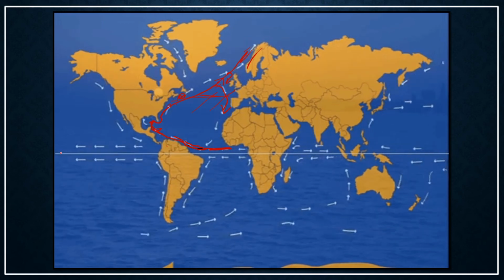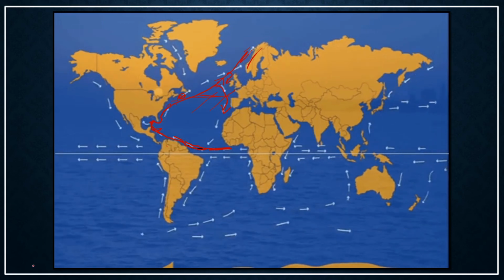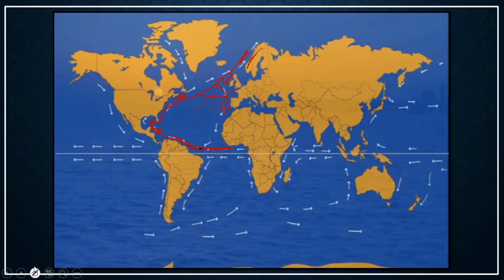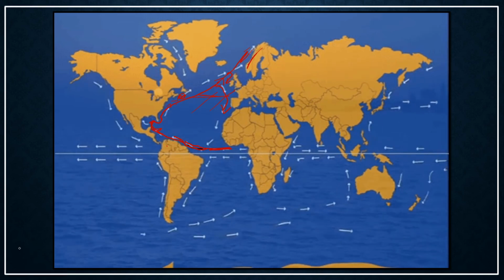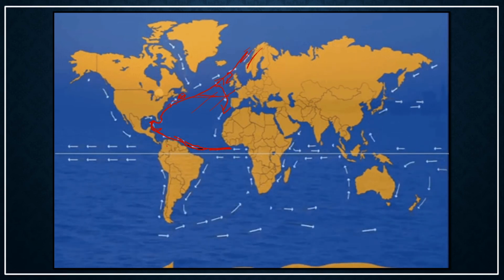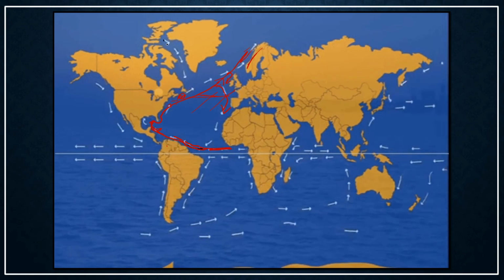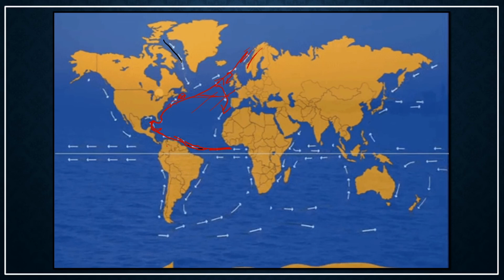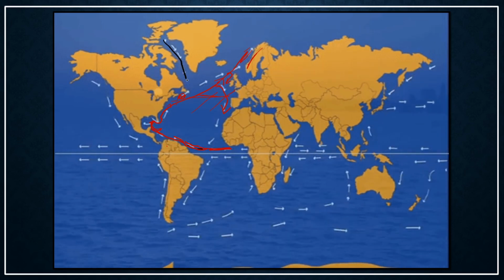Now the cold Labrador Current is a current which originates from the Arctic Ocean, and it flows between Greenland and the Baffin Islands. Baffin Islands is over here.